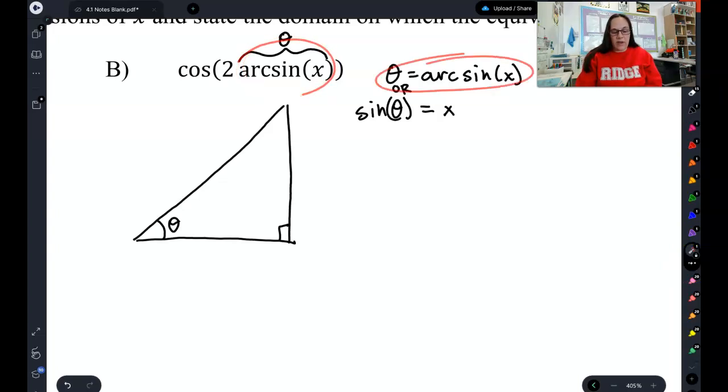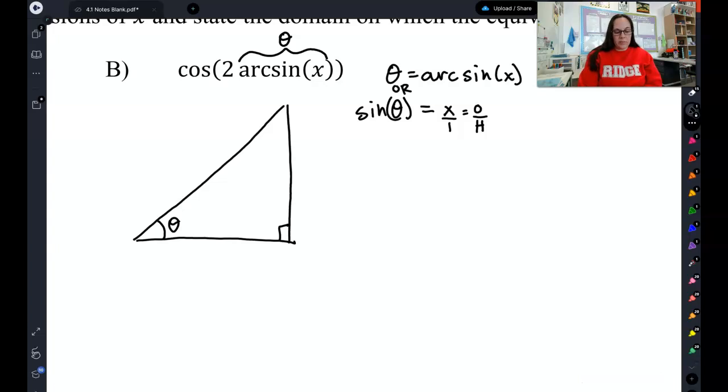So here I have it written out. Theta is arc sine of x, which is the same thing as sine of theta equals x. And you're going to use that inside to build this triangle. Remember, sine is opposite over hypotenuse. SOHCAHTOA. So my opposite side is x. My hypotenuse side is 1. Then use Pythagorean theorem to finish the triangle.